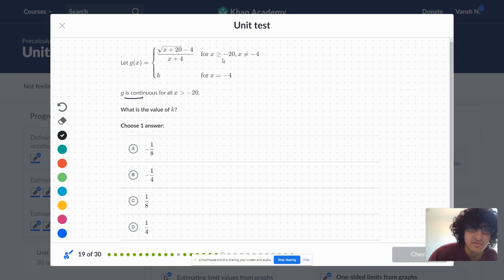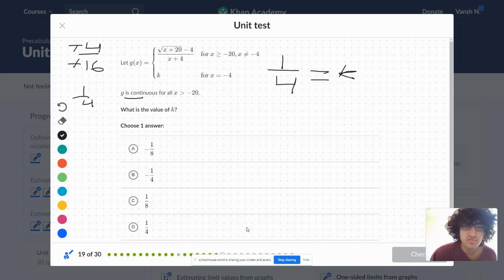Okay, so let's plug in -20. So -20 plus 20 becomes 0. So we have -4 over -20 plus 4, which is -16. We get 1/4. So 1/4 is equal to k.